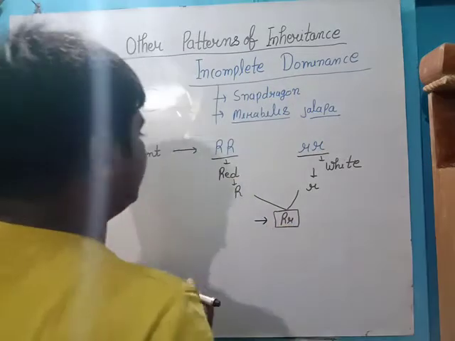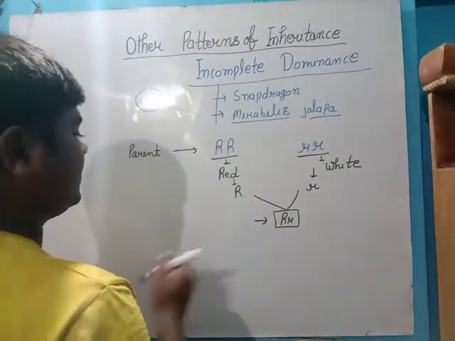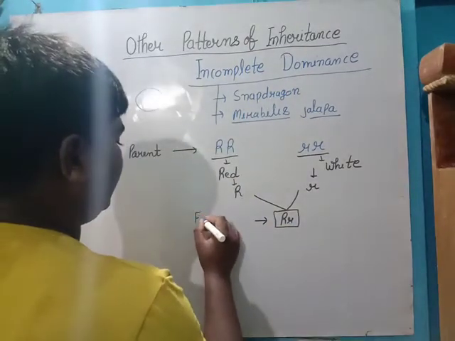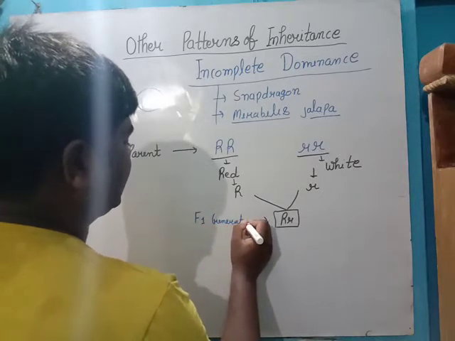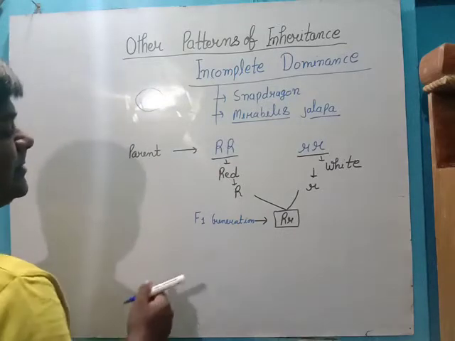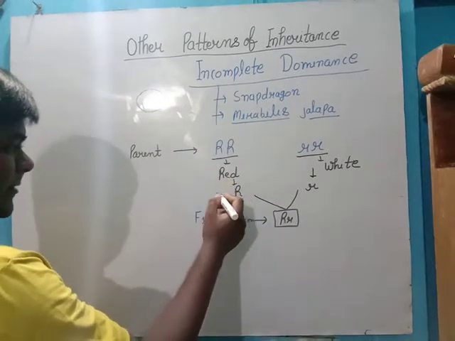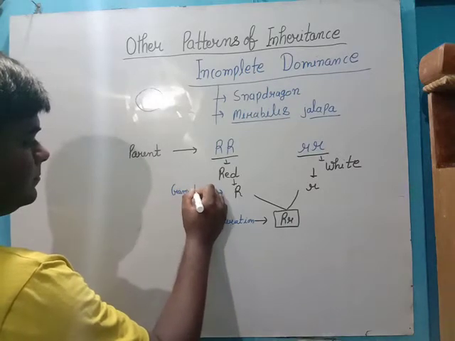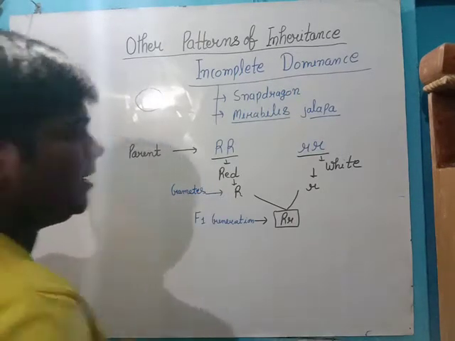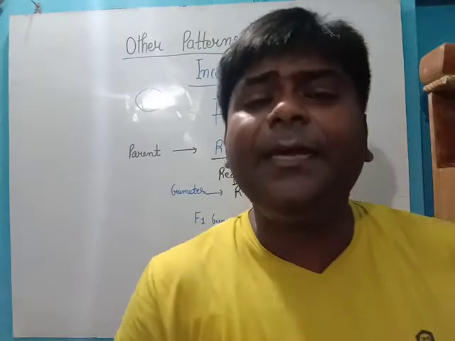Here we have the production of F1 generation, and here we have the formation of gametes. What is happening in F1 generation?